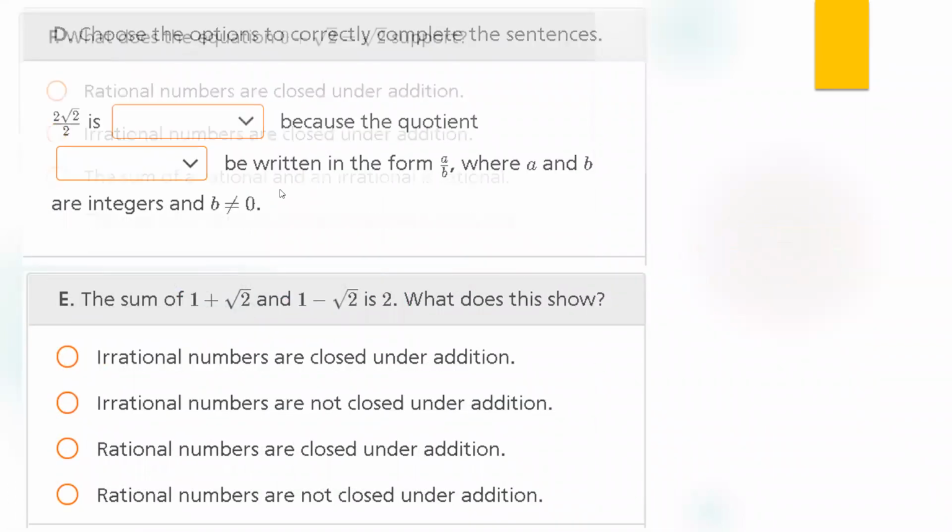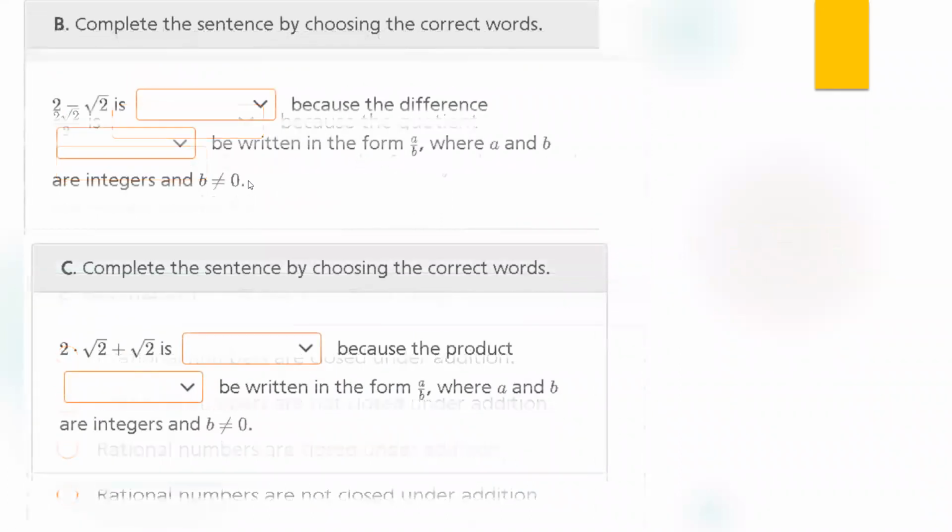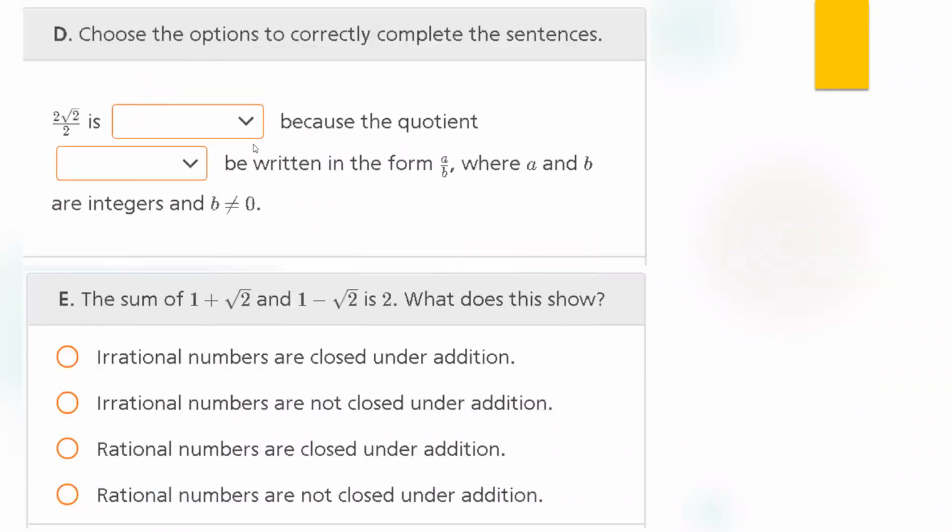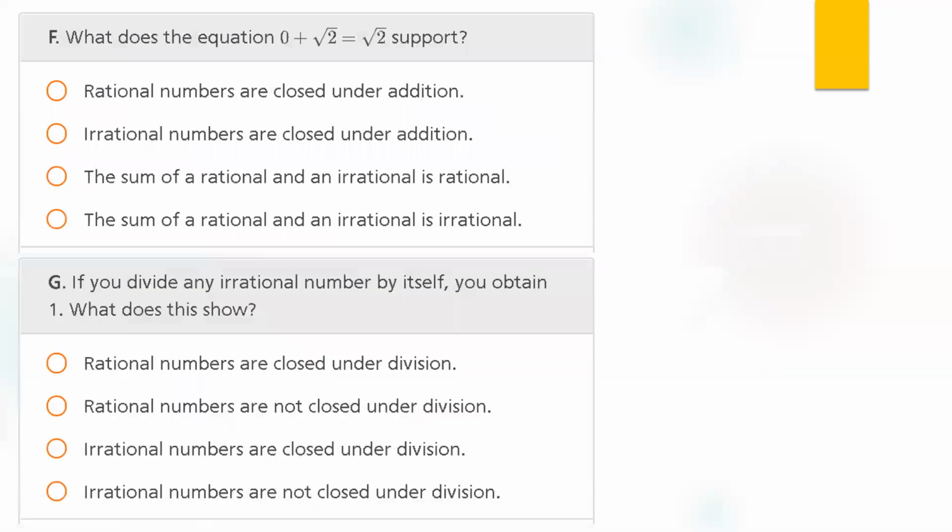Now, F here. What does the equation 0 plus square root of 2 equals square root of 2 support? Here we have a rational and an irrational, and the answer is irrational. So what does it mean?